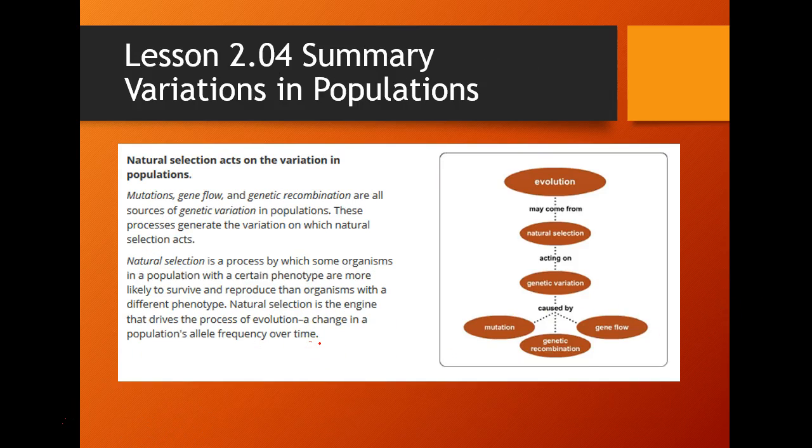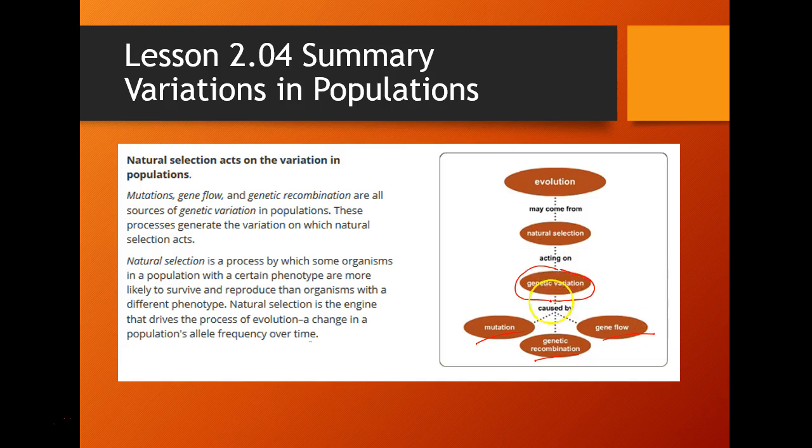So in summary, what we talked about in this lesson was really focusing on natural selection and the importance of variation in population. Remember, we can achieve genetic variation, which is really important, by mutations, which are random, genetic recombination, which happens during meiosis, as well as gene flow, when we have certain alleles being introduced or certain alleles leaving based on the direction of where organisms are going.